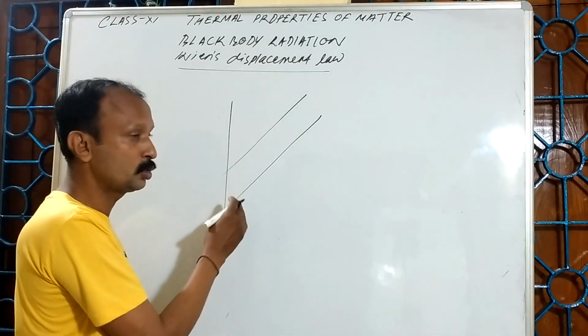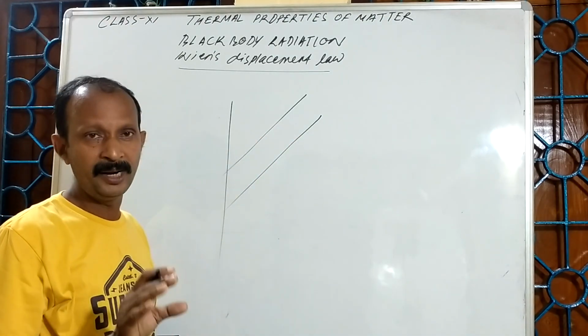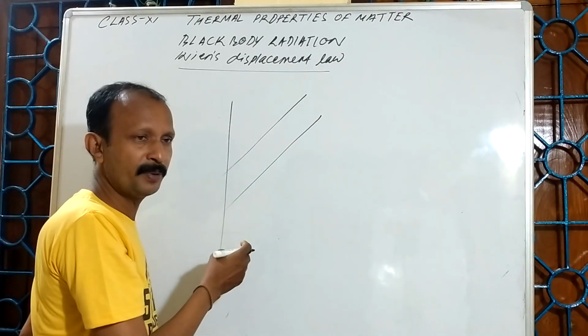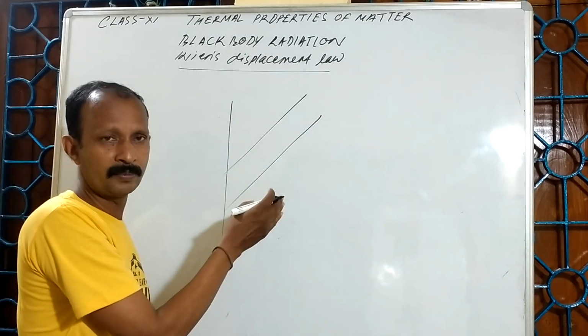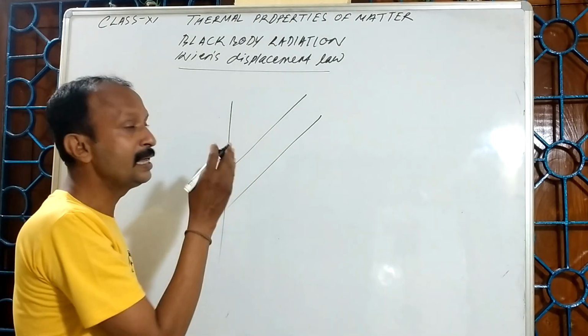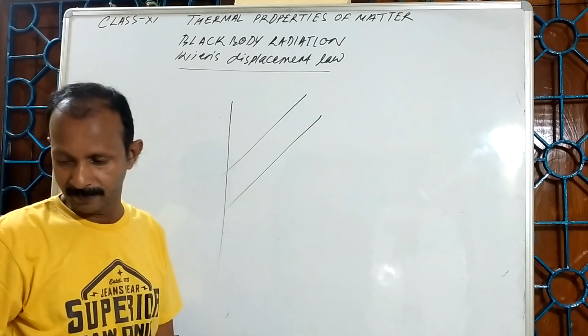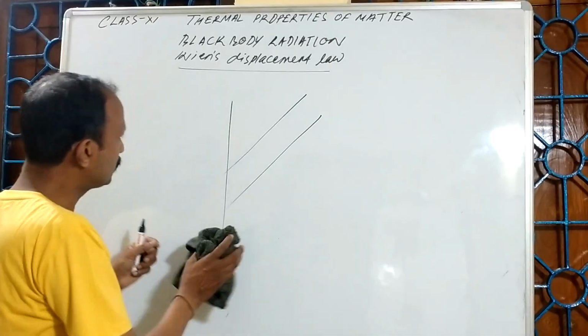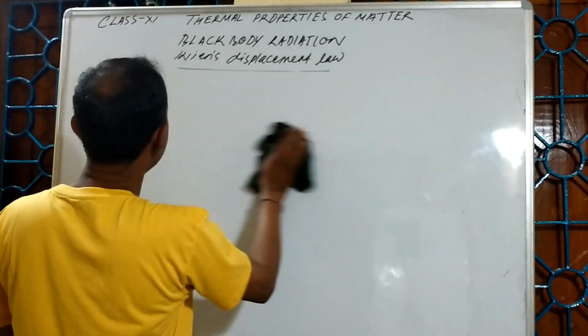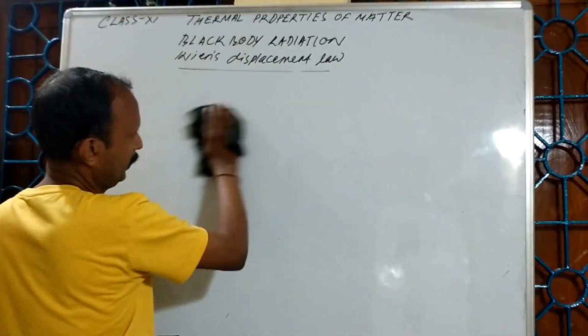At first it absorbs, thereafter it emits, depending upon the temperature. If the substance temperature is less, it will absorb from the surrounding. If the substance temperature is more, it will release heat to the surrounding. So this is the information regarding the black body.